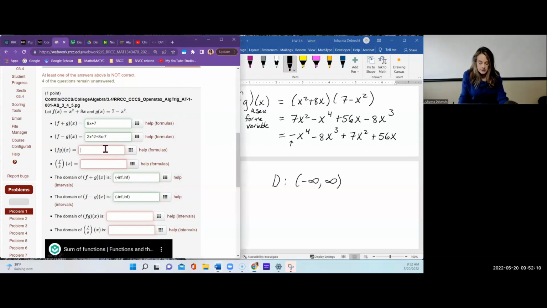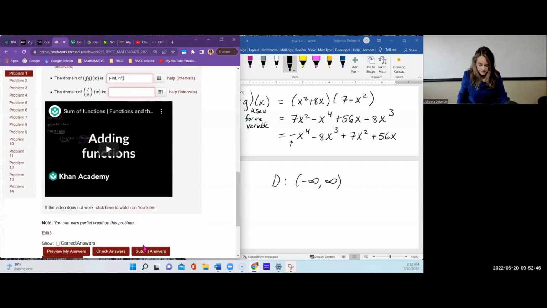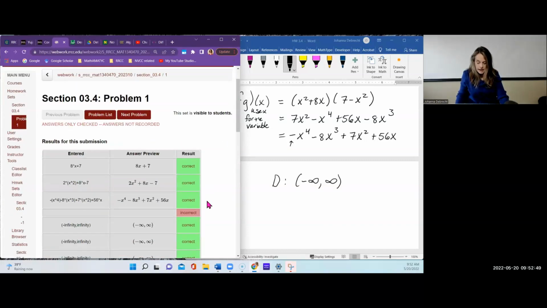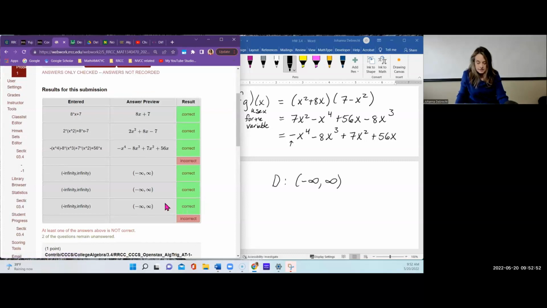Let's enter this one in and then check our answer. Again, we get the green checks because we followed the process correctly.